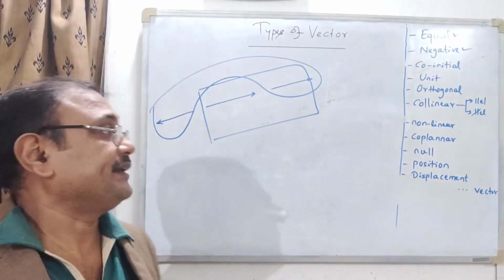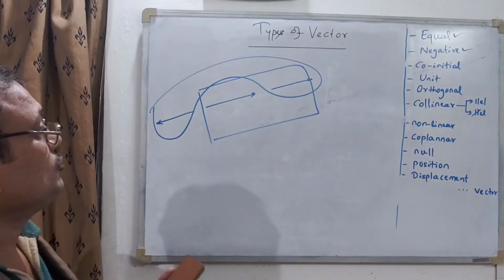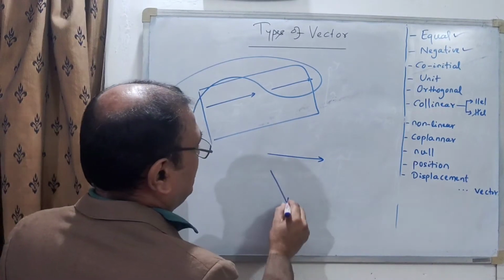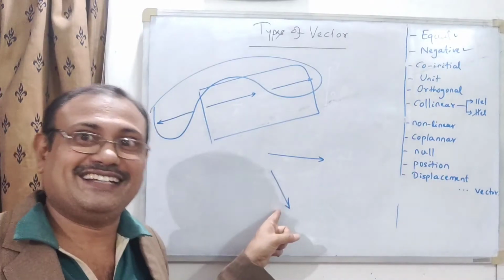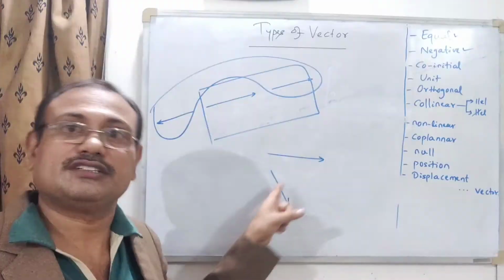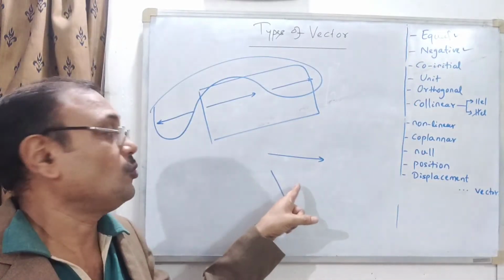Now non-collinear vectors: any vectors which are not on one line. Suppose this is one vector, this is another vector. In that case these two vectors, because they are lying on the same plane, are coplanar vectors, but certainly they are not collinear vectors.